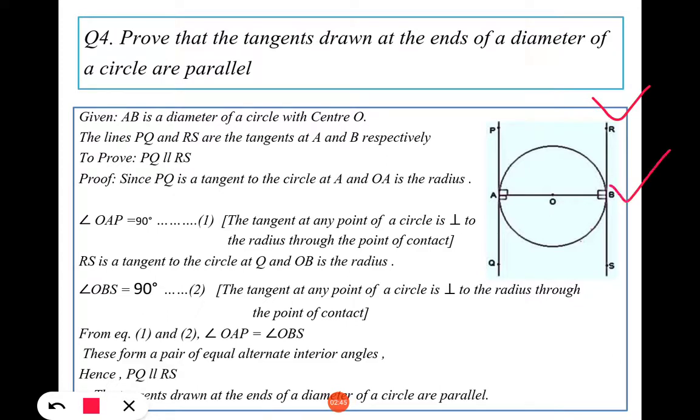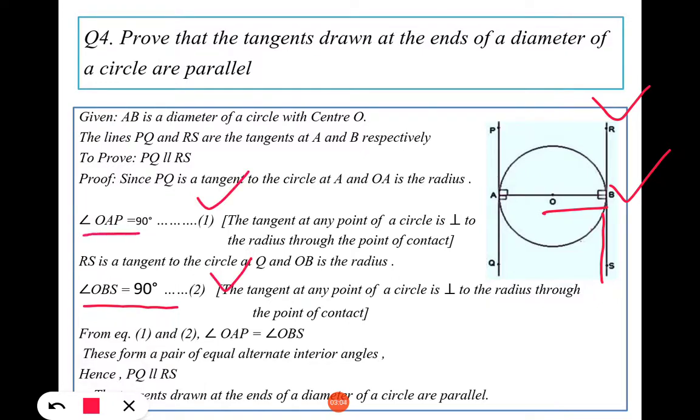B is the point of contact and OB is radius. So again angle OBS is a right angle because at point of contact tangent is perpendicular to the radius. So let it be equation number 2.